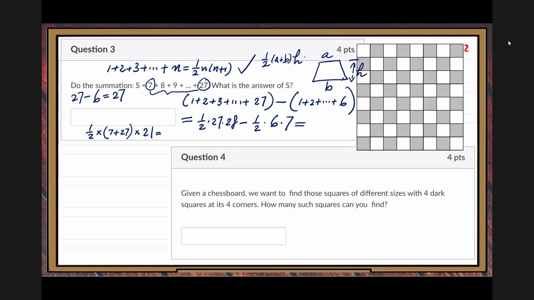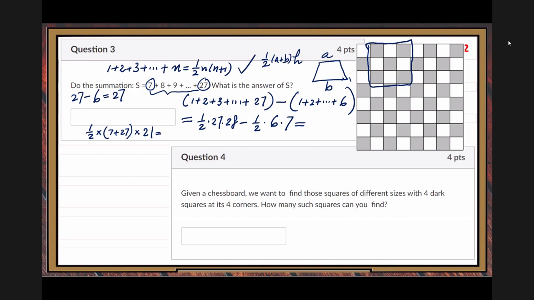Then try to find the rules, how to calculate those squares. For example, this 3 by 3 square has 4 dark squares at its 4 corners.